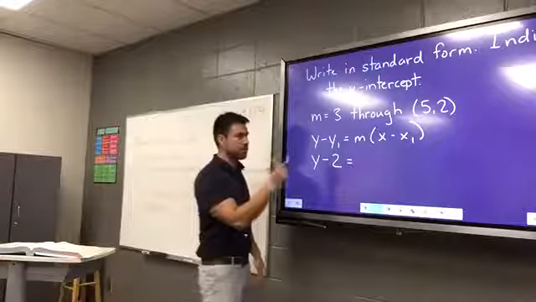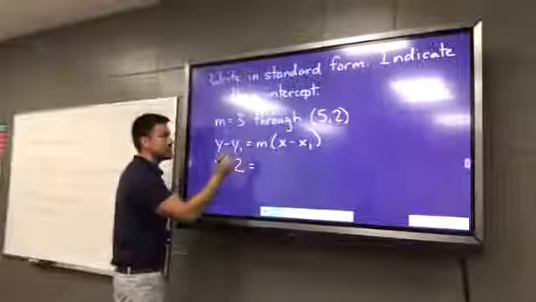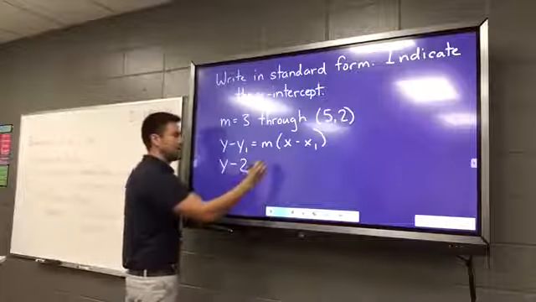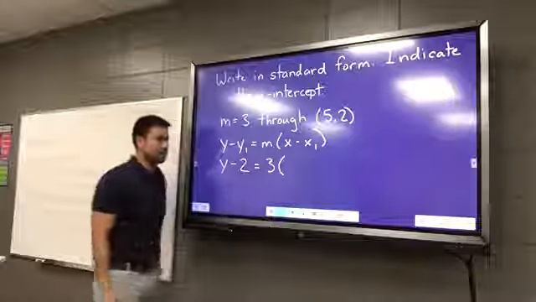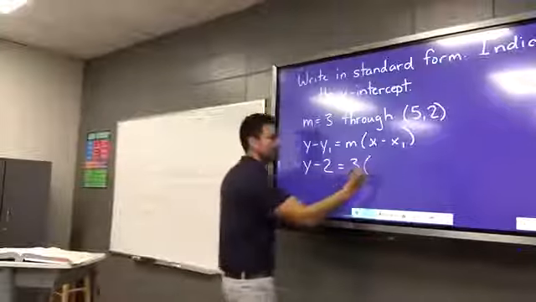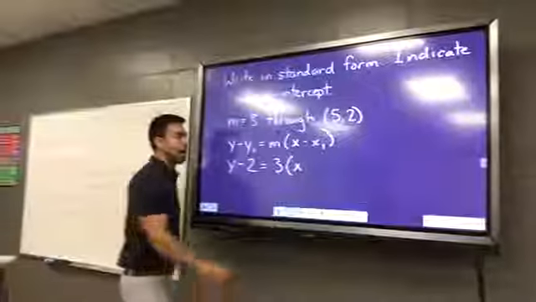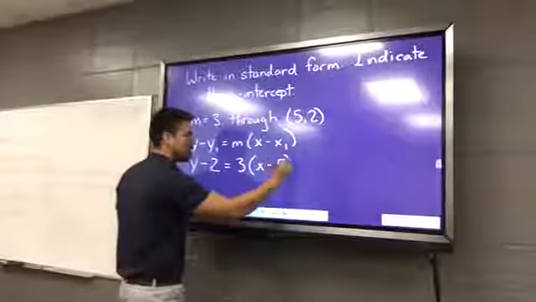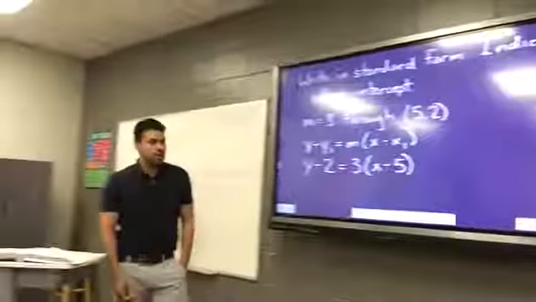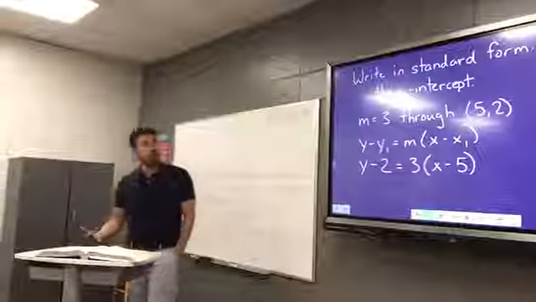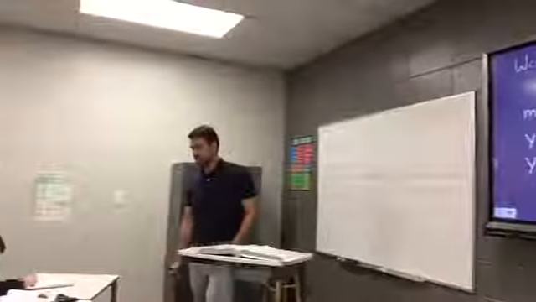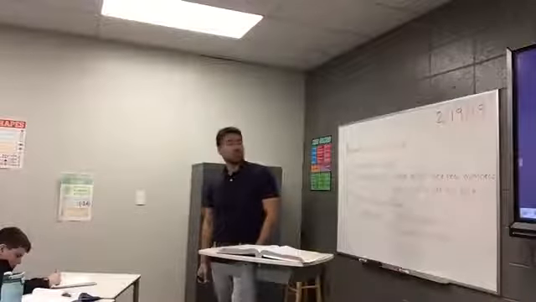So just switch it up, and you do it for both of those. What's the slope? 3. Just keep that the same. And then x, what do I write in there? Minus 5 is correct. X minus 5. That's it. Okay, you wrote it in point slope form, but what form did they want me to give it to them in? Standard form. So I got point slope form.